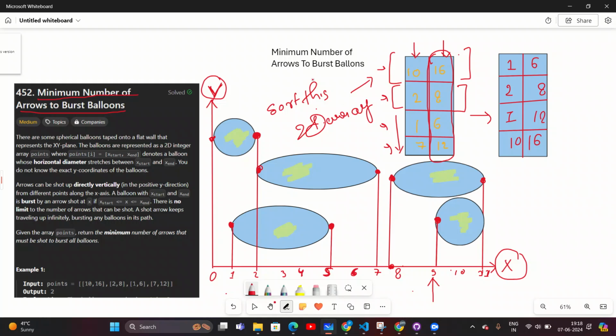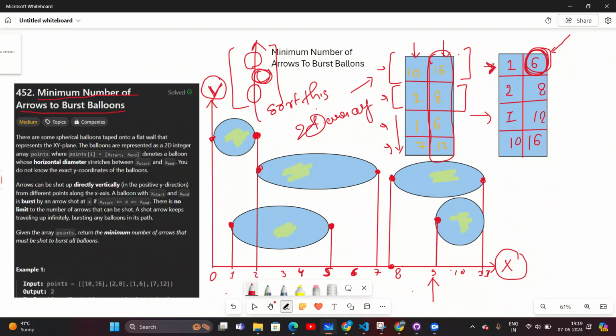Now we know that if there is an intersection of more than one balloon, suppose there are three in this example, in this diagram that I have taken, a single arrow is enough in order to burst all these three. So what we are going to do is create a variable that will mark the ending vertex of the first balloon.